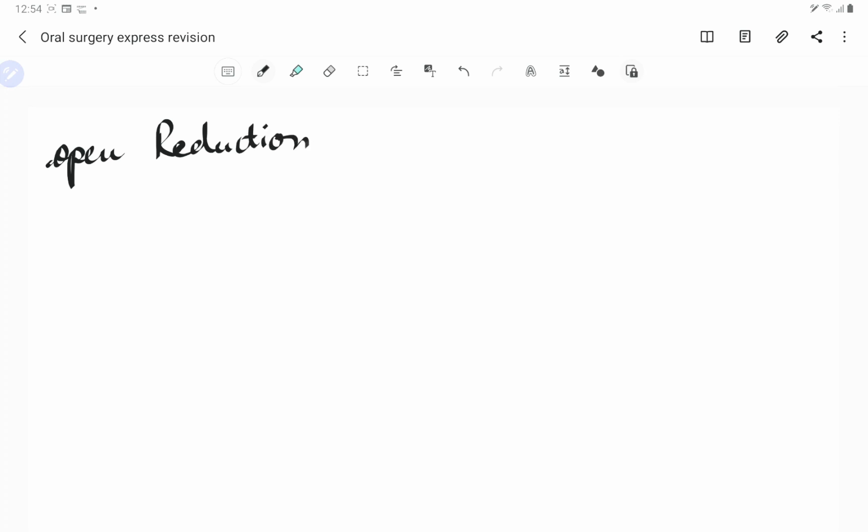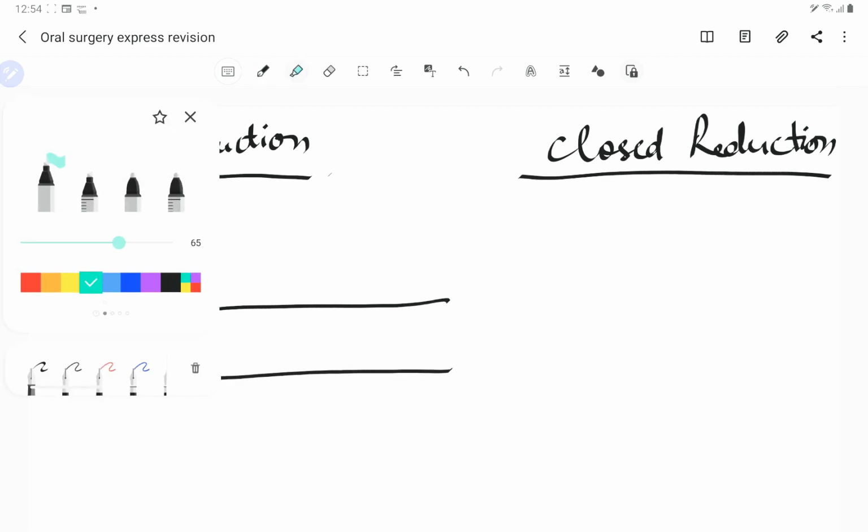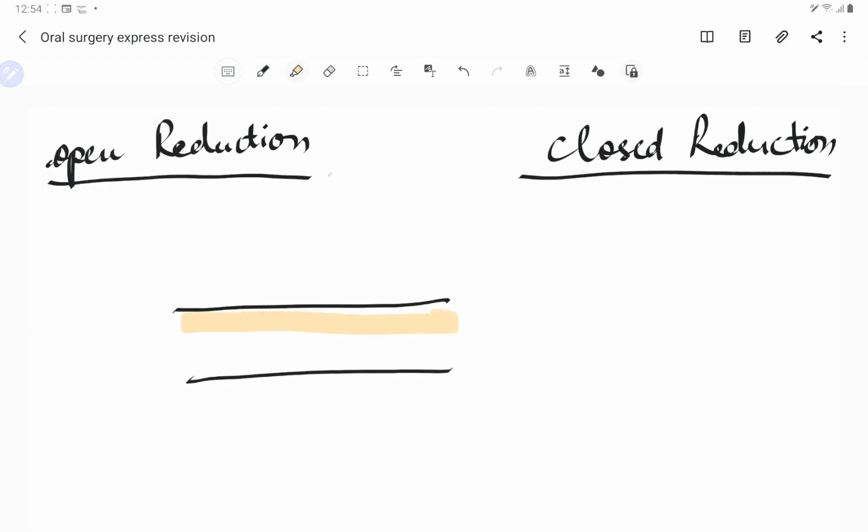Now, what do we mean by this? Now that we know the patient is out of danger, we need to reduce the fracture, right? That is the term used for reduction. That means we are reducing the fracture. Say suppose this is the bone, and after a trauma this bone has undergone a fracture.